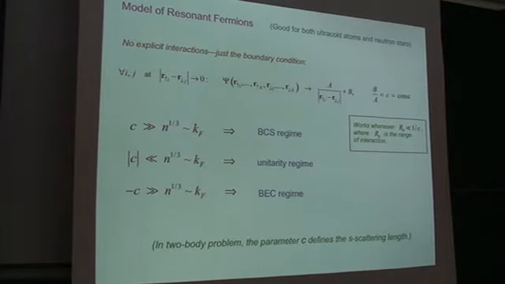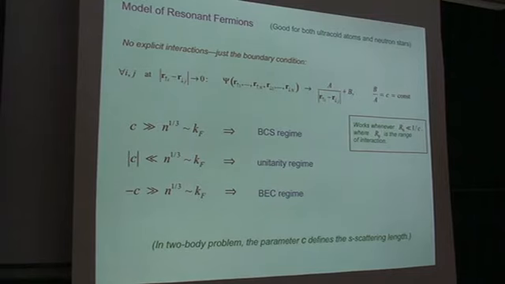So we have two sorts of particles, spin up and spin down fermions, and the boundary condition, which is equivalent to this resonant interaction, is the following. Whenever two particles of different spins come close to each other, the wave function is supposed to look as follows.